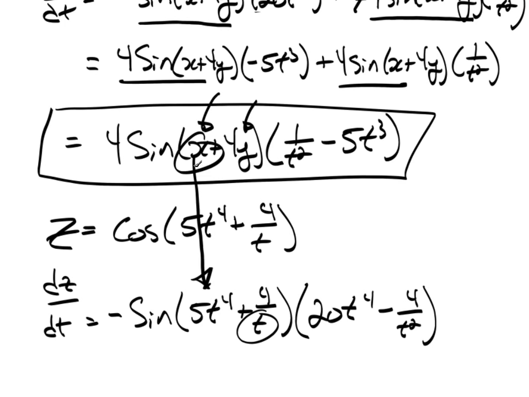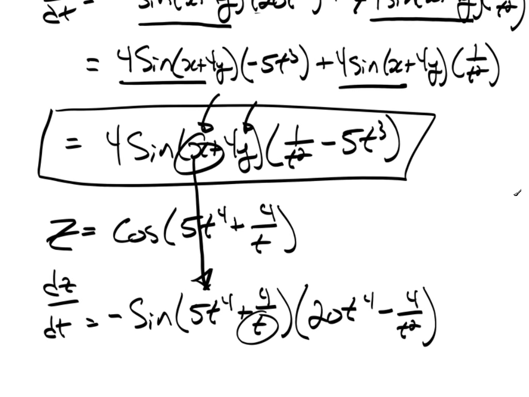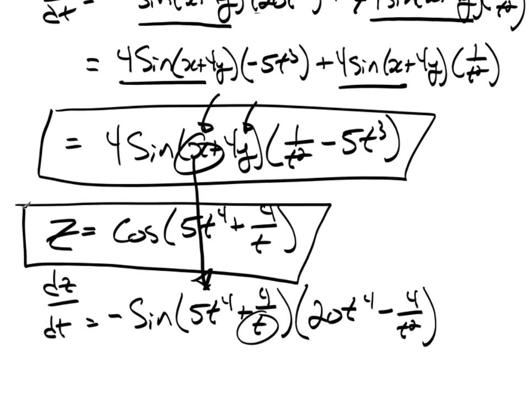And to get this as strictly a function of t, that's exactly what I should do: substitute in the value of x and y as functions of t. So both techniques resulted in the same thing. Obviously, straight substitution, then taking the derivative in this instance was much more straightforward, much easier to do. But that's not necessarily always the case. So you definitely want to be capable of doing both.